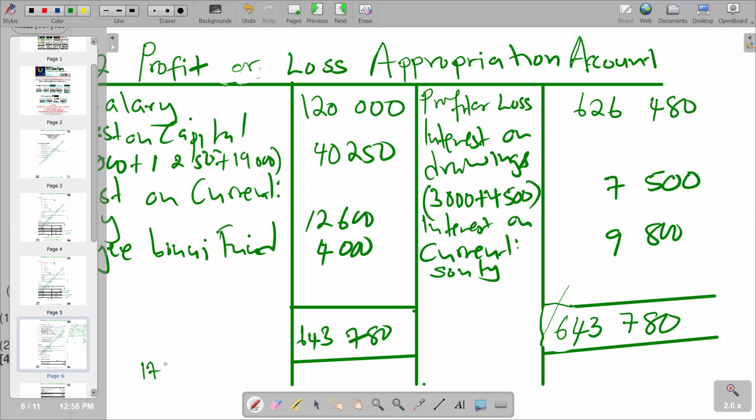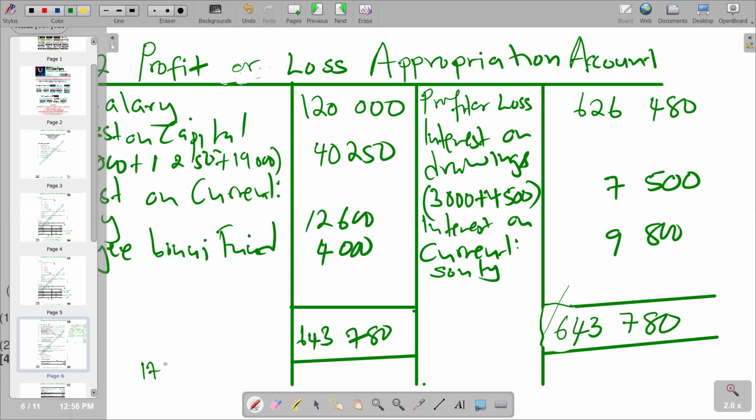So we are going to see that the total of the debit is 176,850. So if you subtract, we can just try to make it clear there.